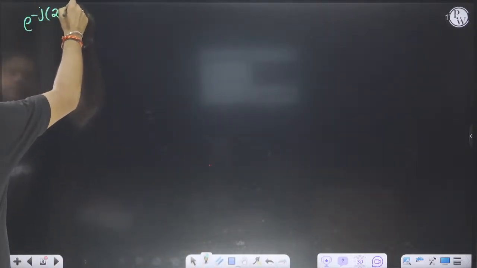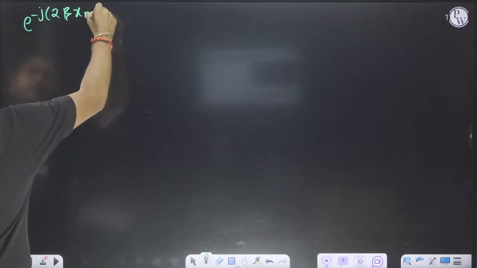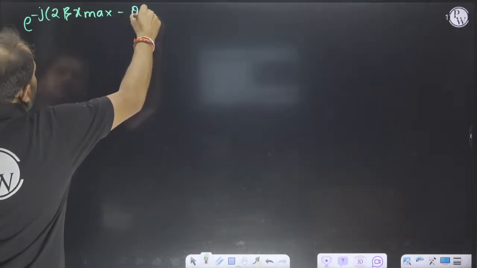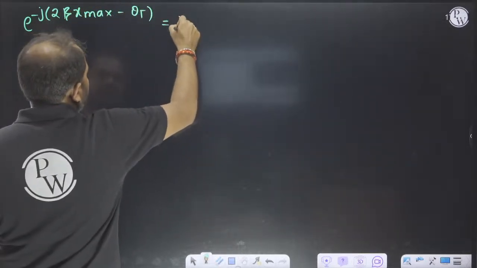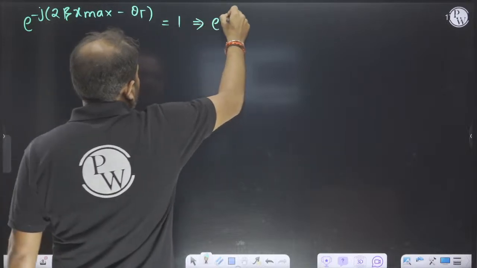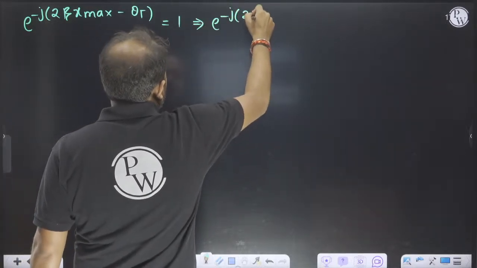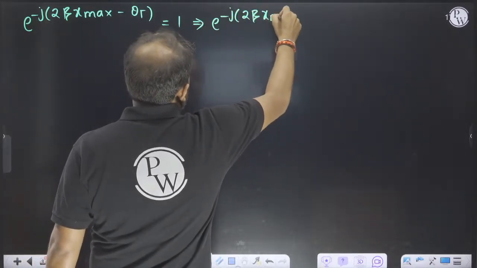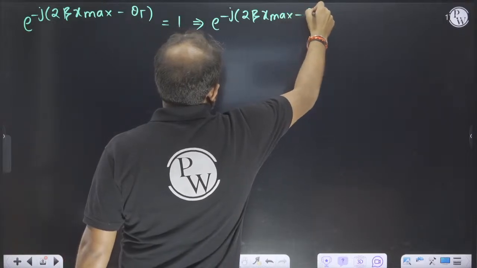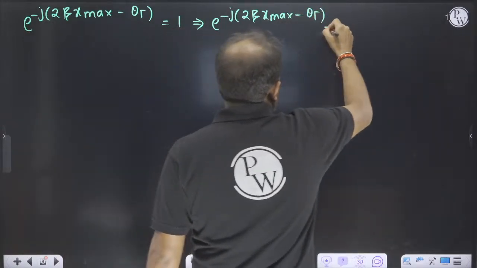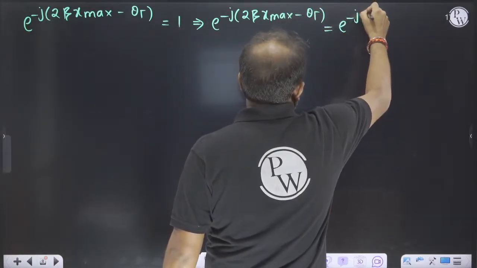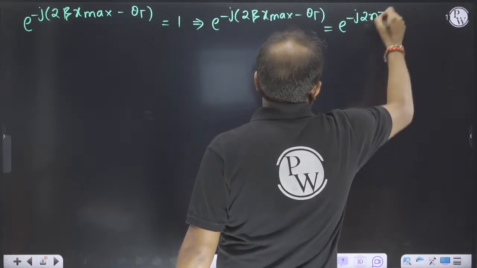Then we can go through the point: e to the power minus j(2 beta x max minus theta gamma) is equal to plus 1. That means it is equal to e to the power minus j 2n pi.